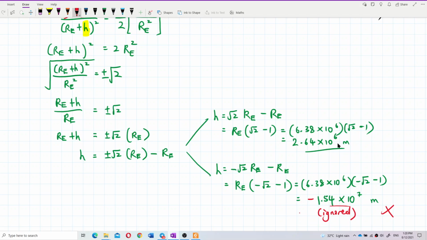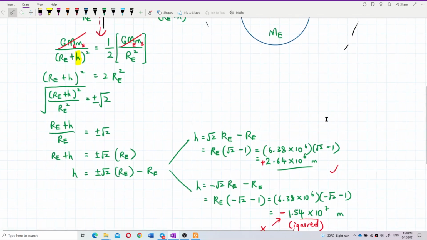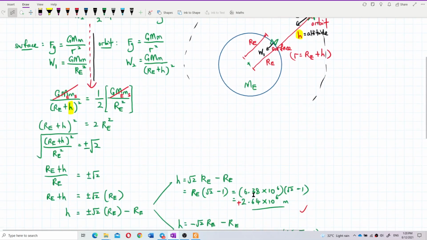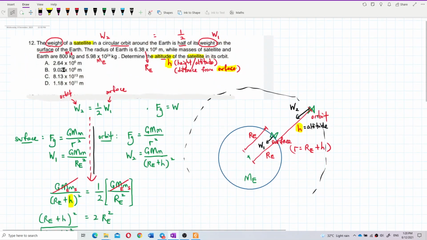This one is a positive value. Okay, correct. So this is the height, 2.64 exponent 6. Is that the correct answer? Yes, that's the answer. That's the height, 2.64 exponent 6, which is A.